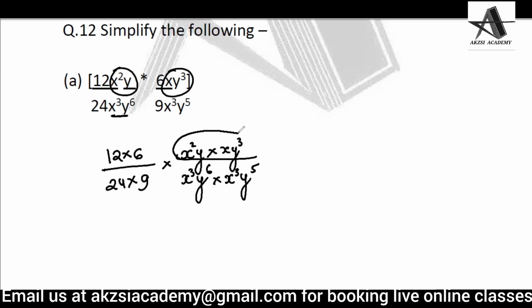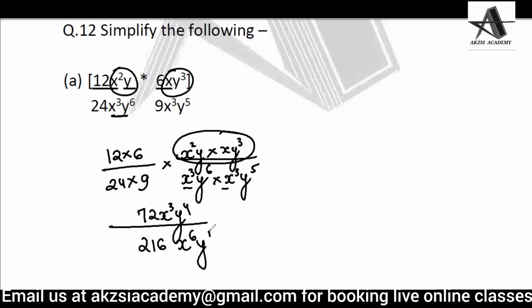Applying the first rule, if bases are same and we are multiplying them, add the powers. So this can be written as 12 into 6 is 72, x cubed y to the power of 4, over 24 into 9 is 216. Doing the same thing, when we are multiplying, add the powers. So for x this will be x to the power of 6, and for y it will become y to the power of 11. Now we are just dividing.